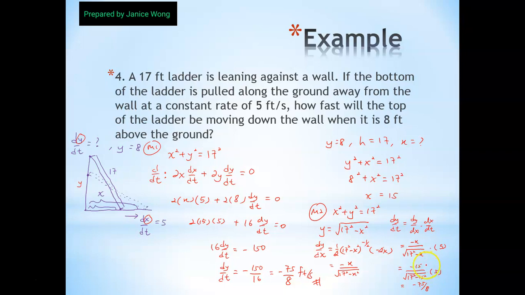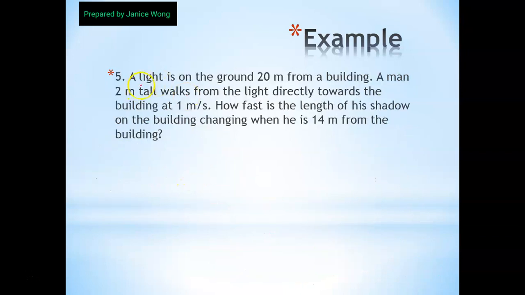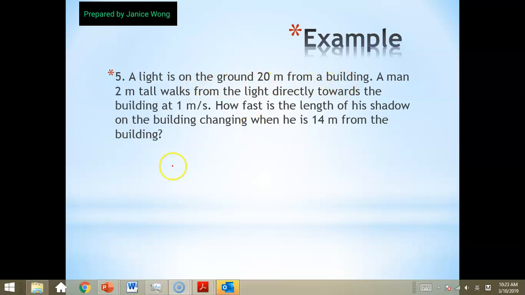Alright, we have learned how to solve related rates problem by using chain rule, if you prefer this, or by using implicit differentiation. Let's see two more examples. I add on. A light is on the ground 20 meters from a building.